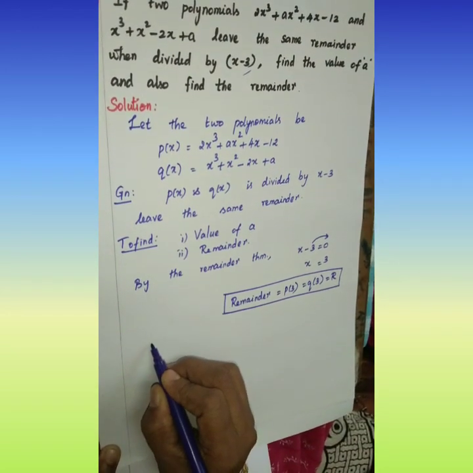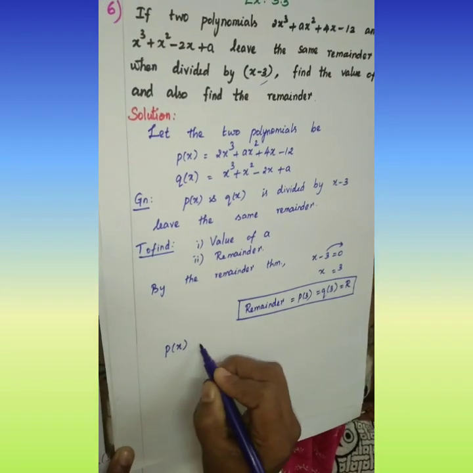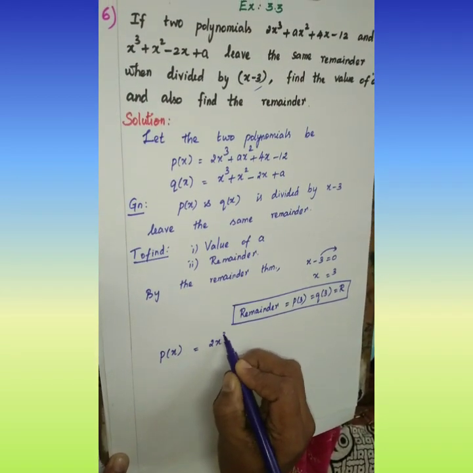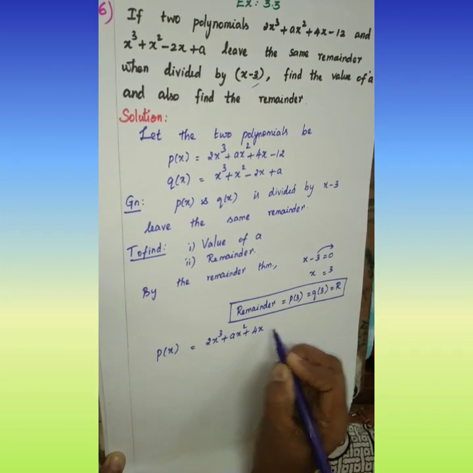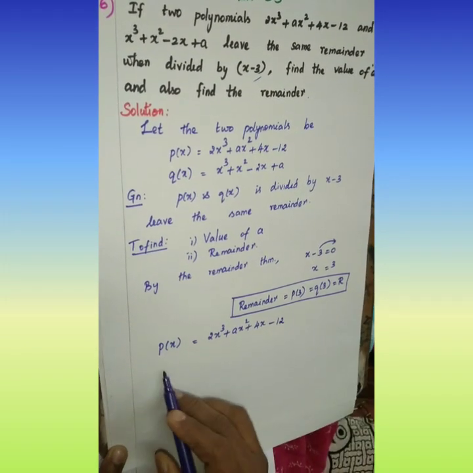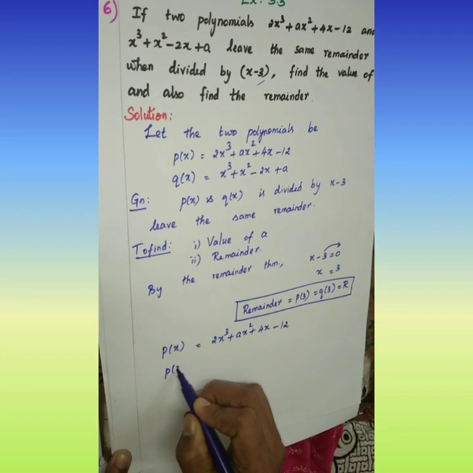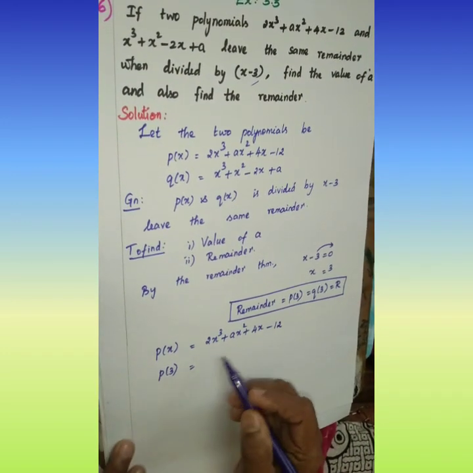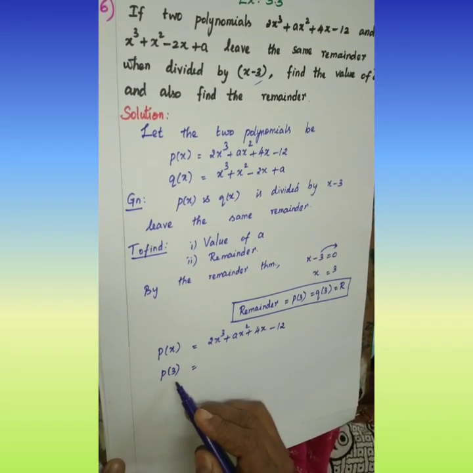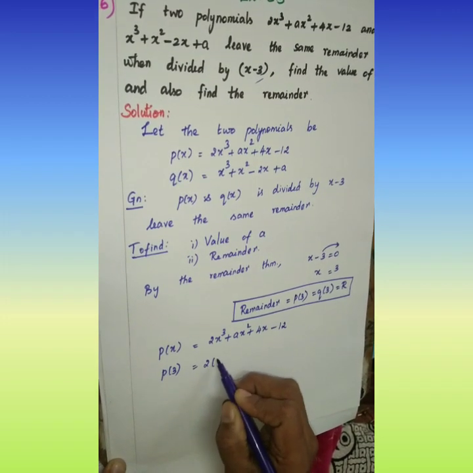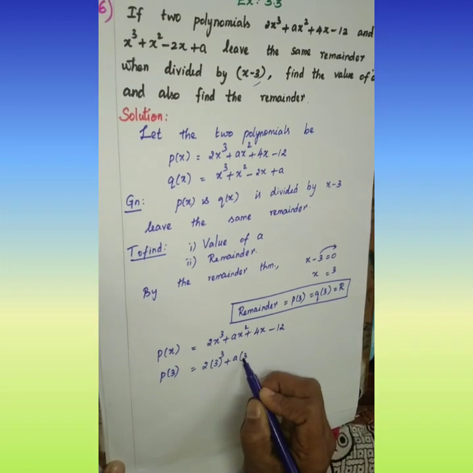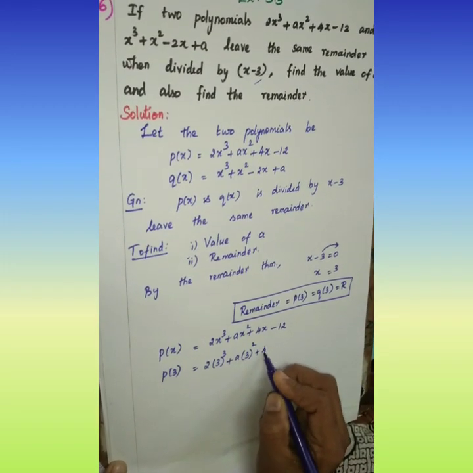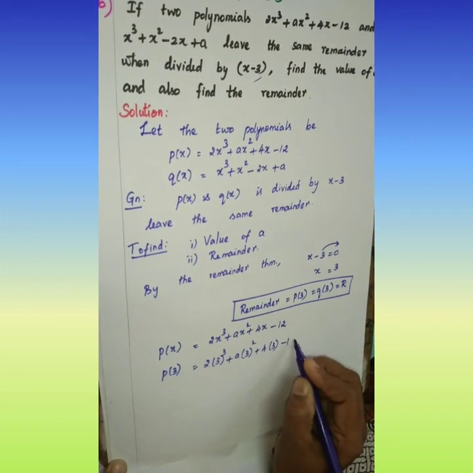Therefore, from the first polynomial, P of x is 2x power 3 plus ax square plus 4x minus 12. So here P of 3 we are going to find out. That is, instead of x we can substitute 3. So 2 into 3 cube plus a into 3 square plus 4 into 3 minus 12.